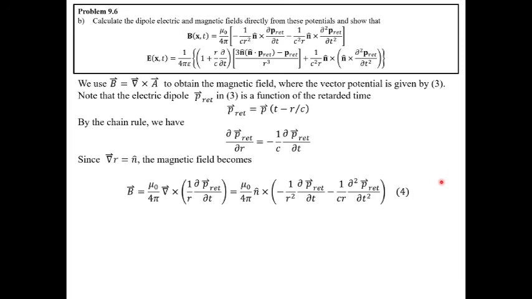By the chain rule, we have partial p retarded partial r equal to minus 1 over c partial p retarded partial t. Since the gradient of r equals n hat, the magnetic field becomes Formula 4.